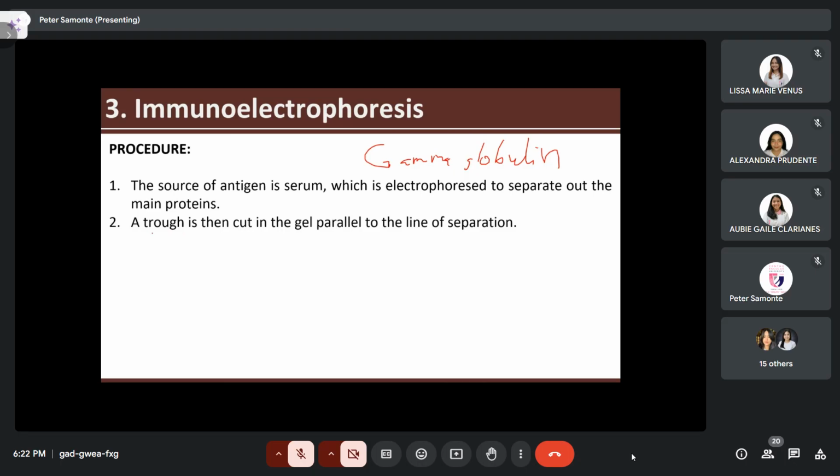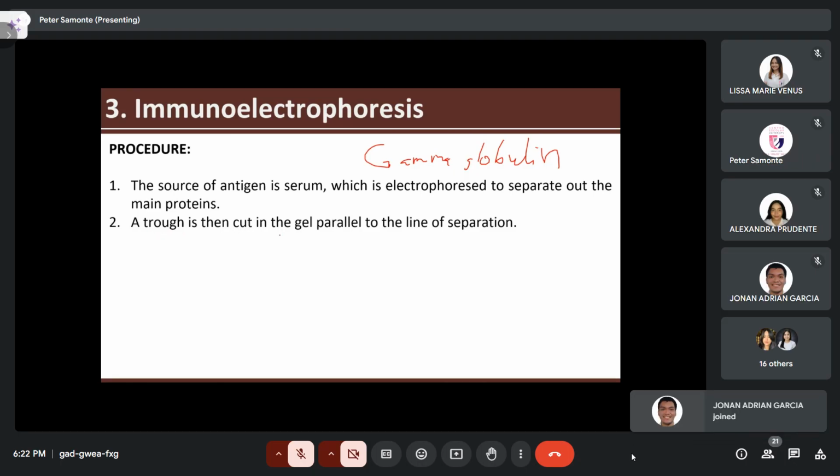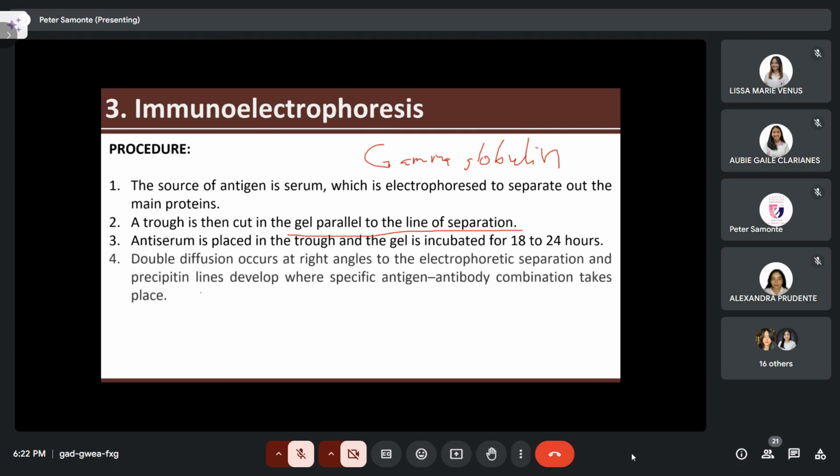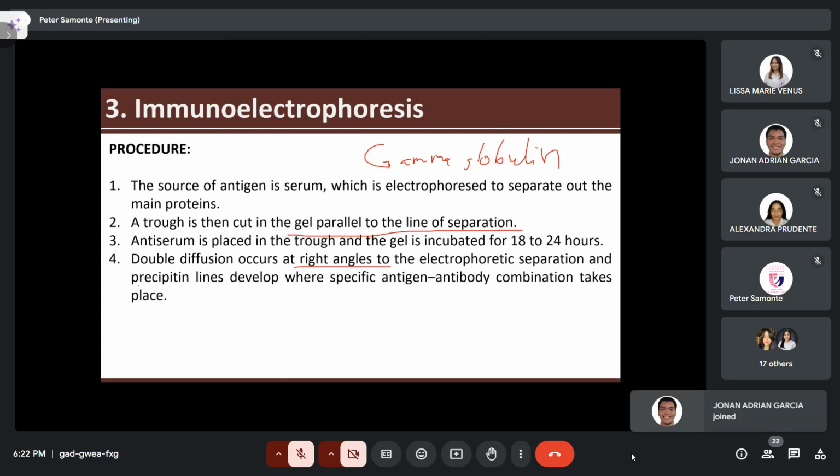Now once na-separate na yan, a trough is then cut in the gel parallel to the lines of separation. Antiserum is placed in the trough and the gel is incubated for 18 to 24 hours. Double diffusion would occur at a right angle to the electrophoretic separation, and precipitin lines develop where specific antigen-antibody combination would take place.